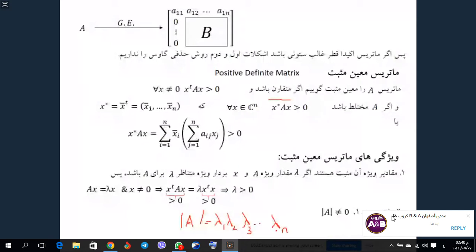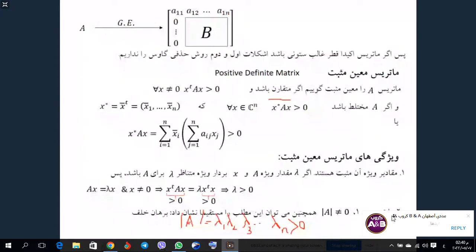Multiplying these real positive numbers, we find a positive number. So the determinant of matrix A will be positive, also non-zero.